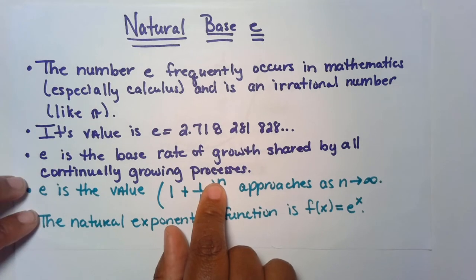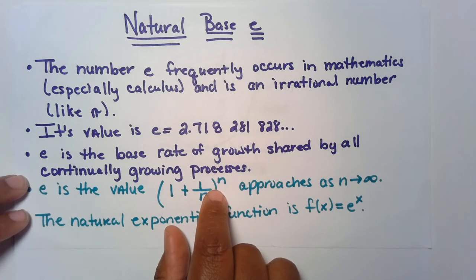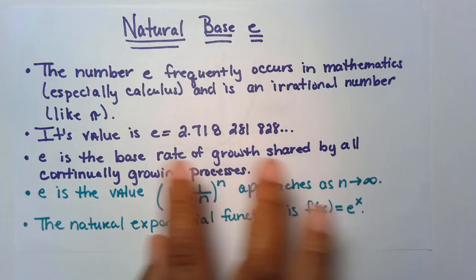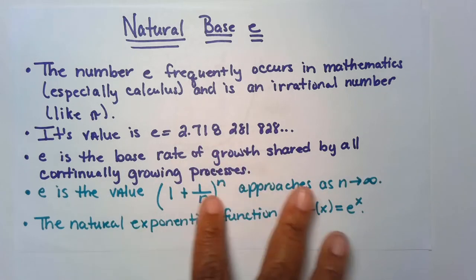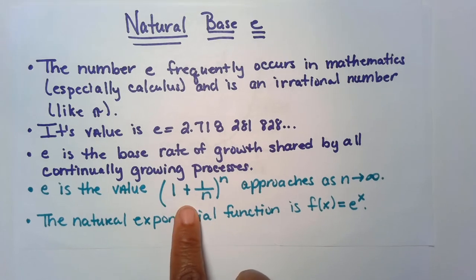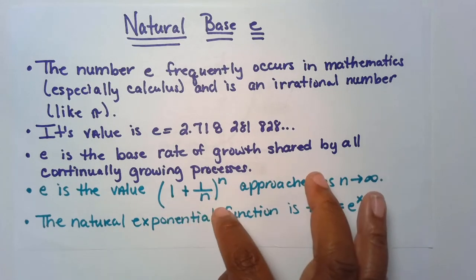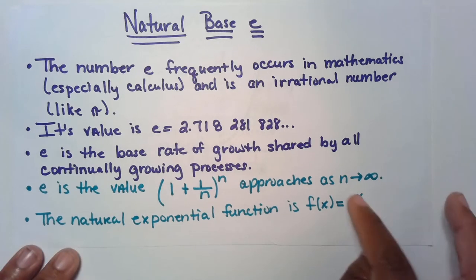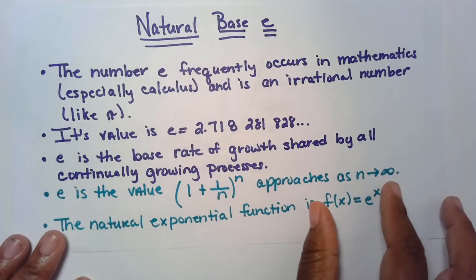So we would use base e whenever we're talking about growth and decay. We would use this natural base, and we would use this formula: e is the value of the quantity 1 plus 1 over n, all raised to the n power, as n approaches infinity.